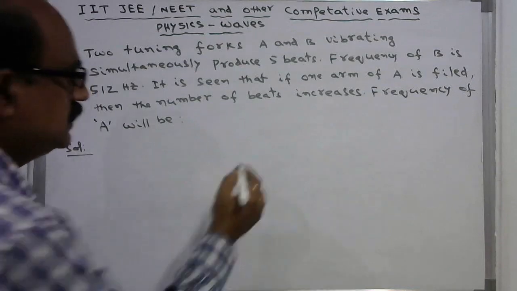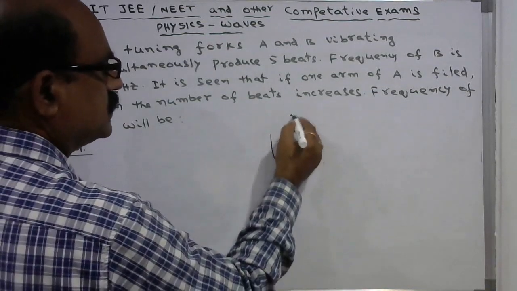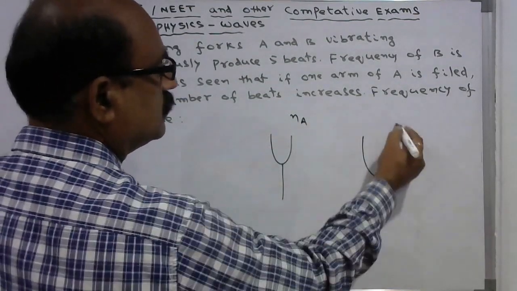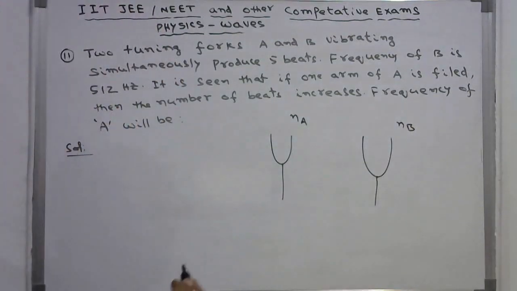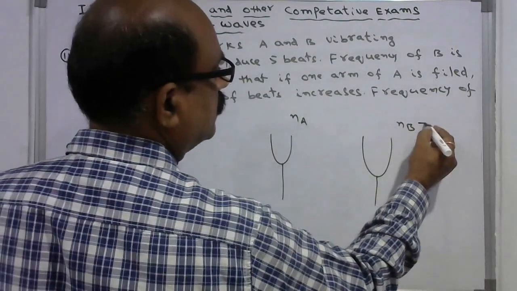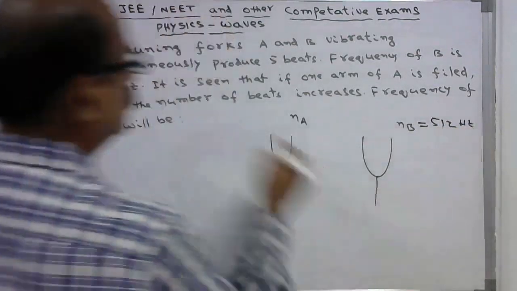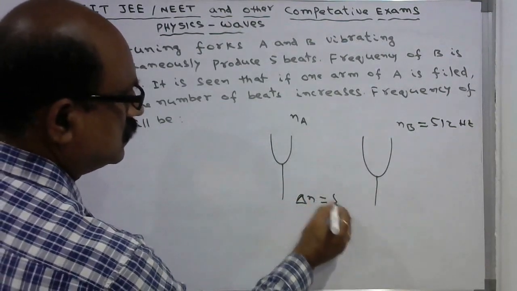Now let us see. There are two tuning forks. This is NA and this is the frequency of B, NB. So the frequency of B is given as 512 Hz. The beat frequency of these two is initially 5 Hz.